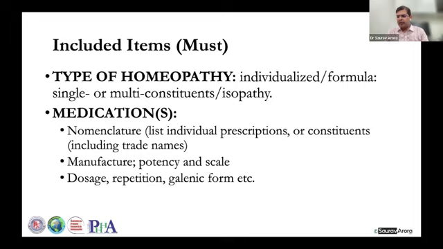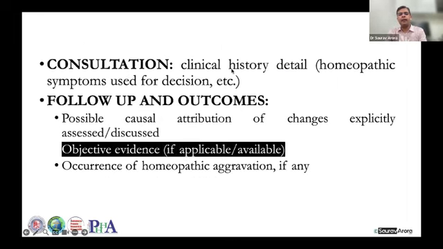They gave 30D, what we give is 30C. That is the best of writing you can do, methodically. Then consultation, clinical history details, the homeopathic symptoms used for decisions, and the follow-up and outcome.